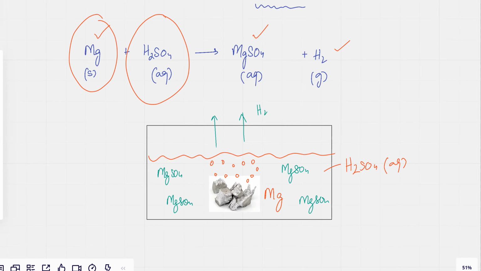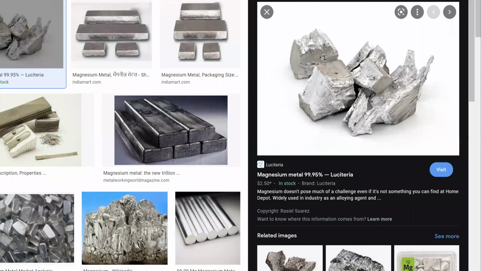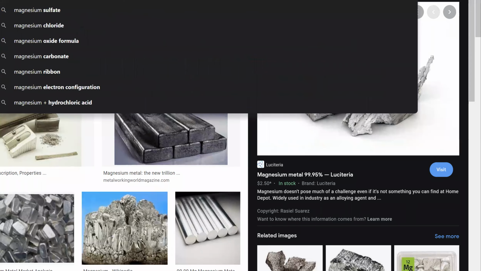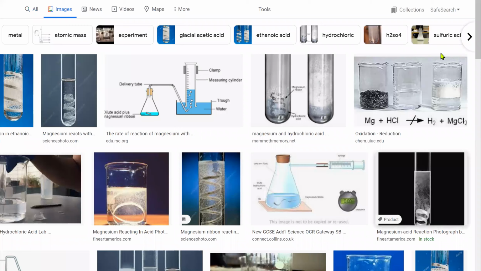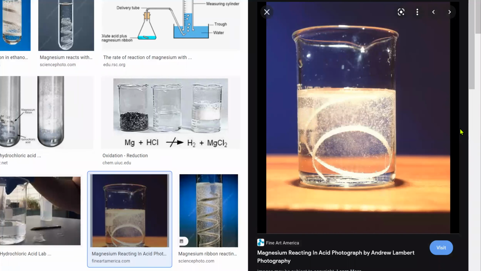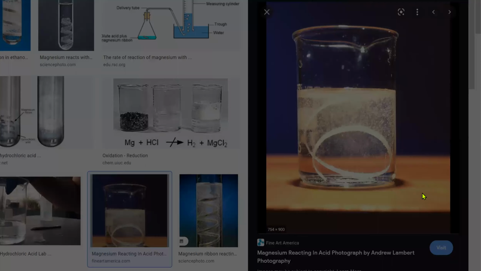Okay, so I can show you magnesium plus acid. It's a very common reaction. So here's this reaction going on. There's this metallic piece of magnesium.